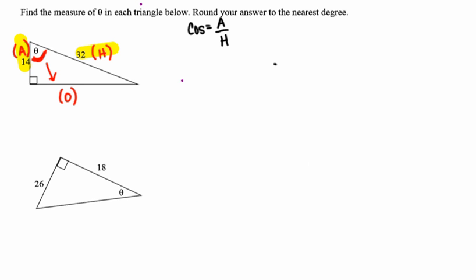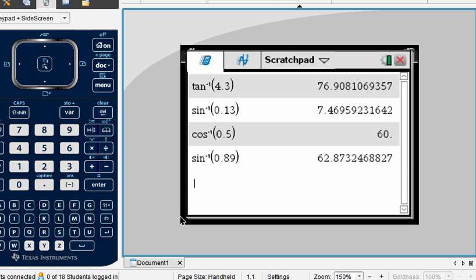All right, so now I need to go fill in my values. My angle is theta, so the cosine of theta is equal to the ratio between the adjacent leg, 14, and the hypotenuse, which is 32. And now we're going to apply what we learned in the beginning part of this lesson. We want our calculator to figure out for us which angle has a cosine value that's equal to 14 over 32.